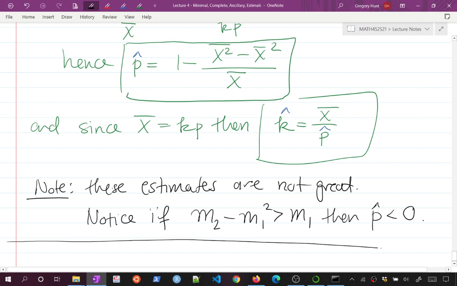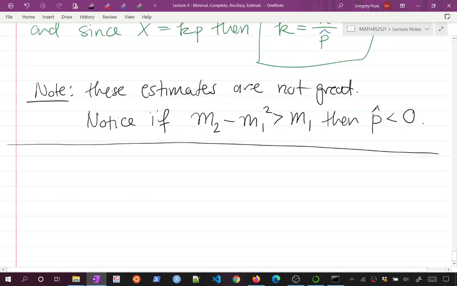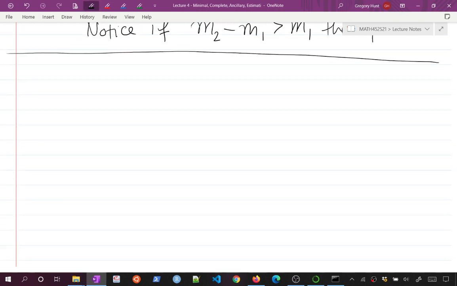That's true. And that's a poor estimate. I should never be estimating my p hat as negative. p is the probability of a binomial distribution, and it can't be negative. My estimator that I formed through this method of moments approach gives me something that potentially could be negative. So that's not great. You have to be a bit careful. Method of moments sometimes is okay, but not always.